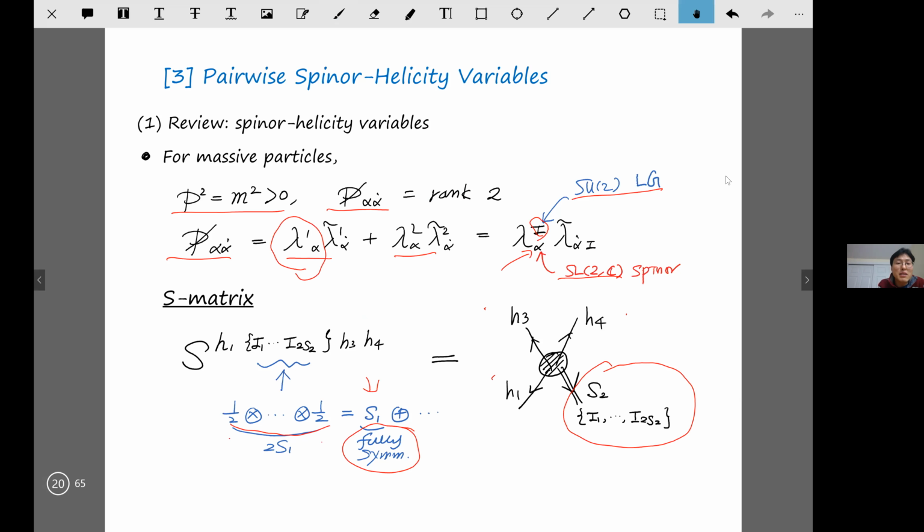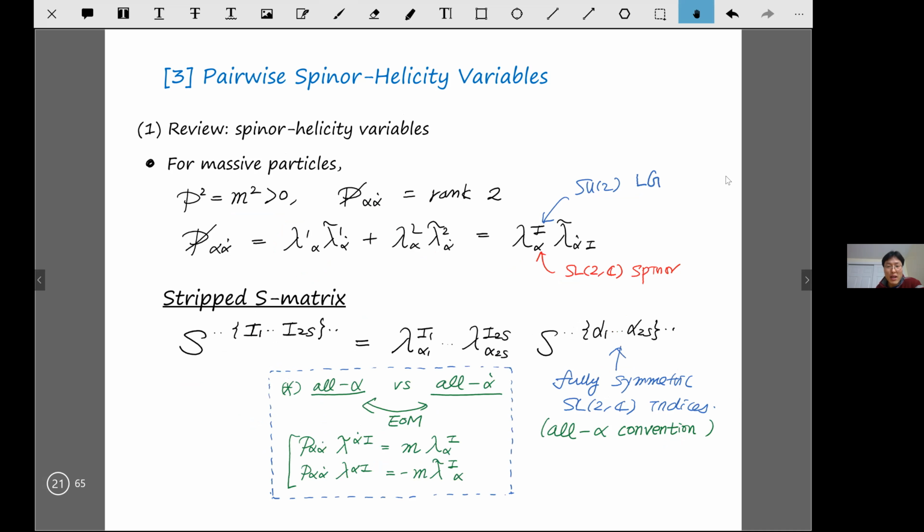So that means that the S matrix with a massive particle must have fully symmetrized SU2 little group indices, and in fact 2S of them to have a spin-S particle. Okay, and then on top of that, for massless particles, it's as usual: there are the helicity indices or labels, if you wish.